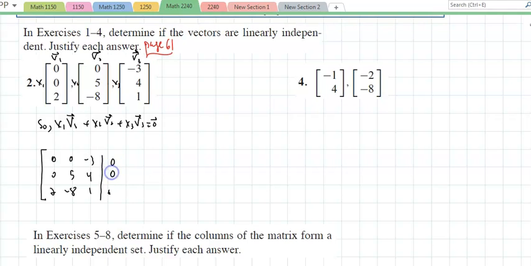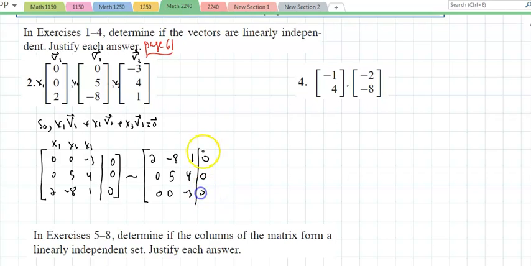So aren't you solving really this system of equations? Assume that's x1, x2, and x3. You're trying to find those solutions. And what if I told you I worked this out and what I got was a row 2, negative 8, 1, and 0, a row 0, 5, 4, and 0, and a row 0, 0, negative 3, and 0. What would you say?